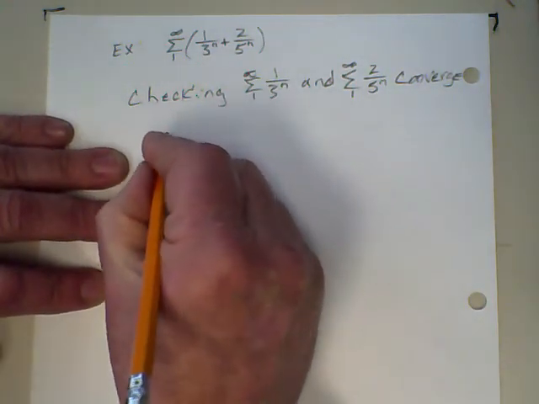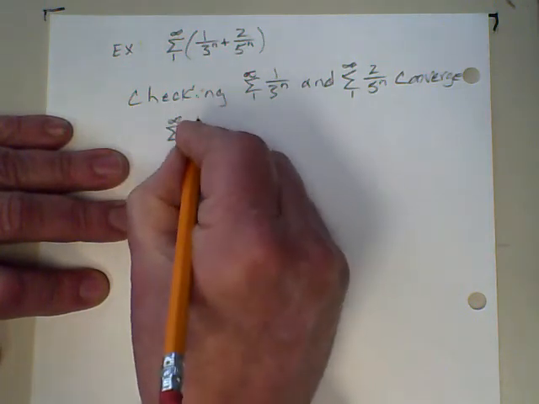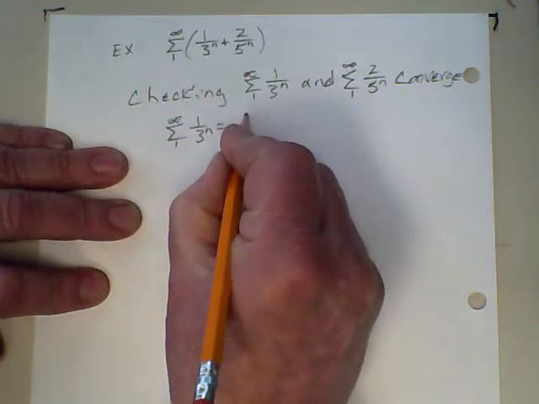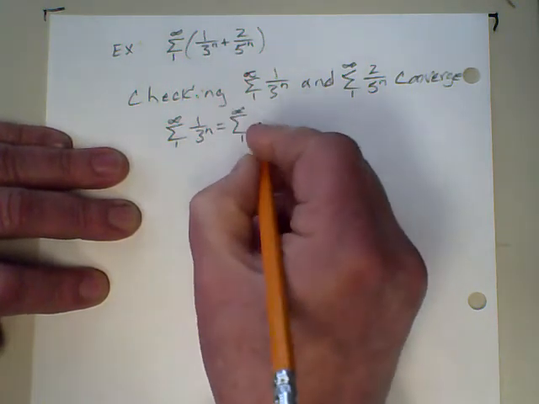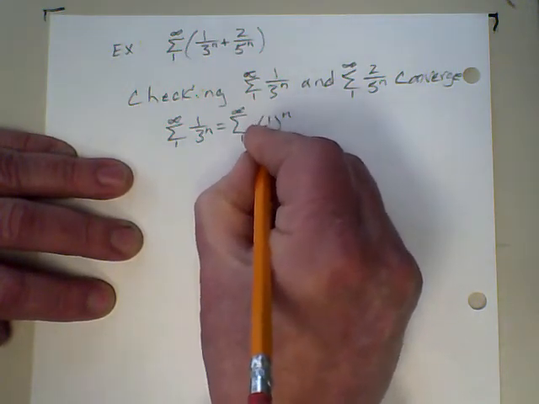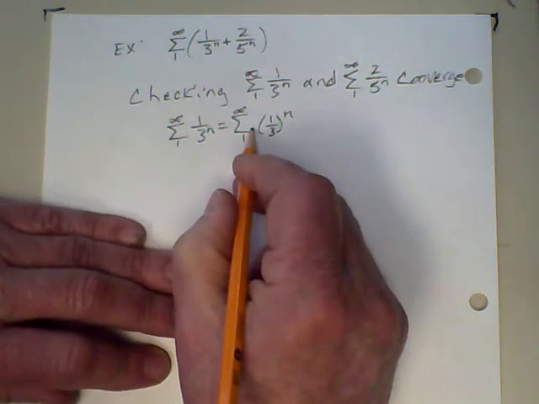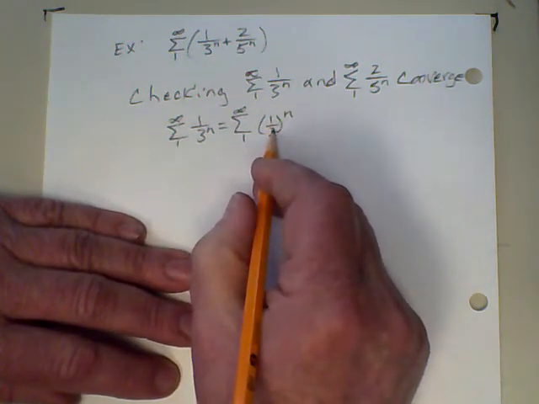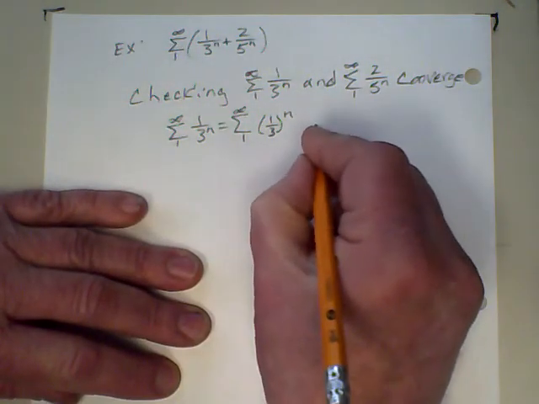So first, let's check our 1 over 3 to the n. And I noticed that this looks like it might be a geometric series. We learned about those in a previous lesson. And if I can write it this way, that is indeed geometric, isn't it? Where my multiplier, my k, is a 1, and then my ratio is 1/3 to the n power. And so this is geometric.